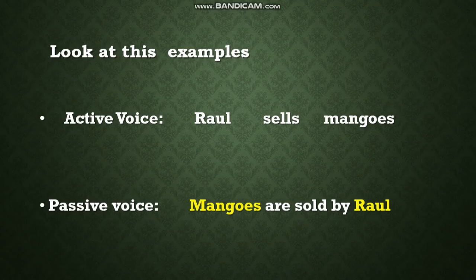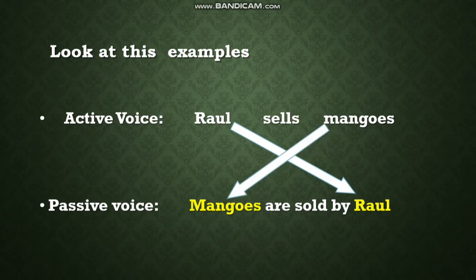Now we are going to look at the way that X rule works in this sentence. Here, Raul, which was the subject of the active voice sentence, became the object of the passive voice sentence, and mangoes, which was the object of the active voice sentence, became the subject of the passive sentence.